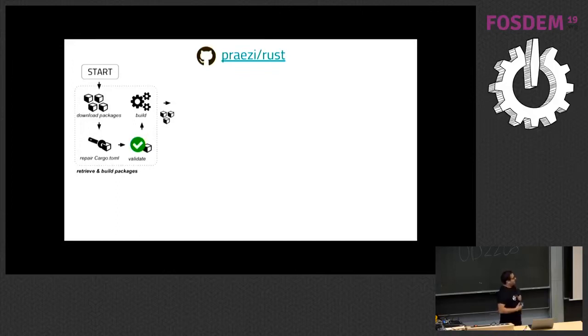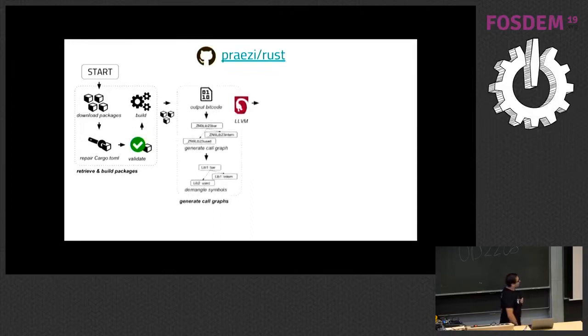Then I validate them and build it. In the second step, I generate the call graph, and as I mentioned earlier, I did this using the call graph generator. I know from discussions on the Rust forums that there are different ways to do it, but this was the way that I started initially.